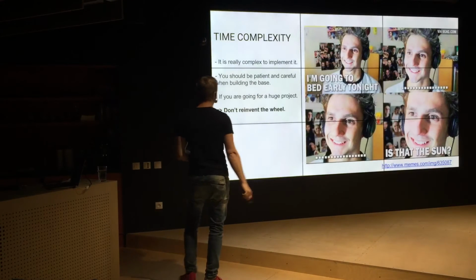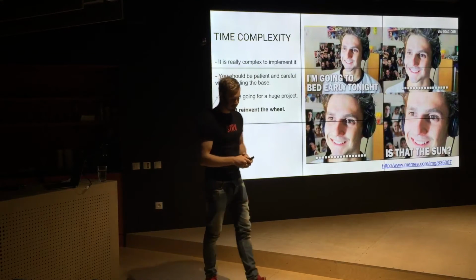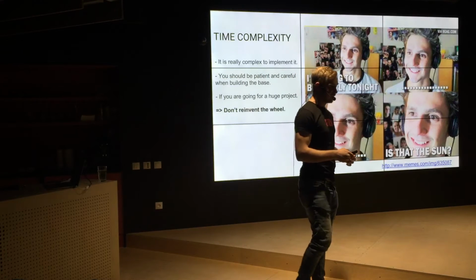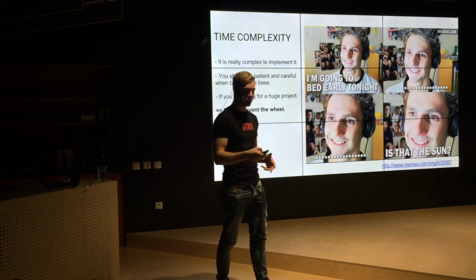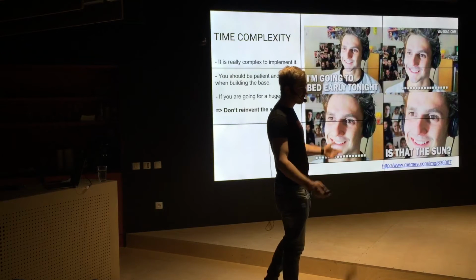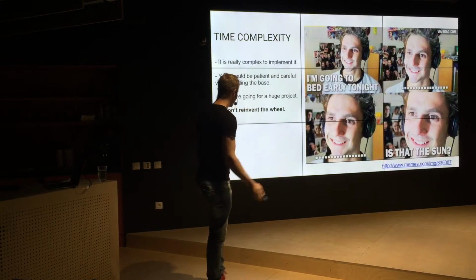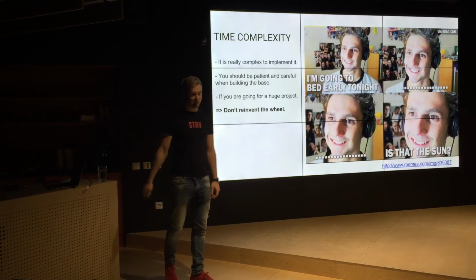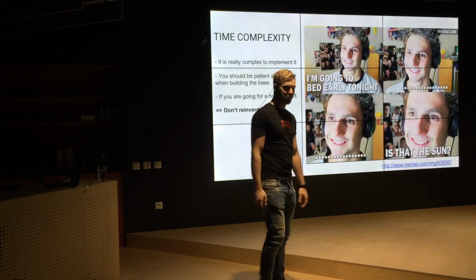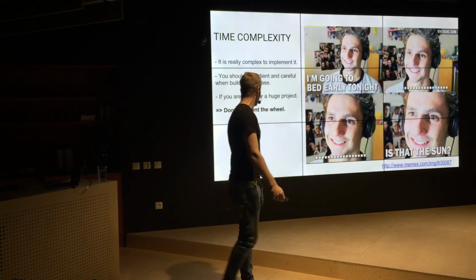Time complexity. Well, I've spent sleepless nights implementing the right architecture on Android because there are so many limitations, and you should not reinvent the wheel when you're building a new huge project. You would probably be so sad you would give up on it.